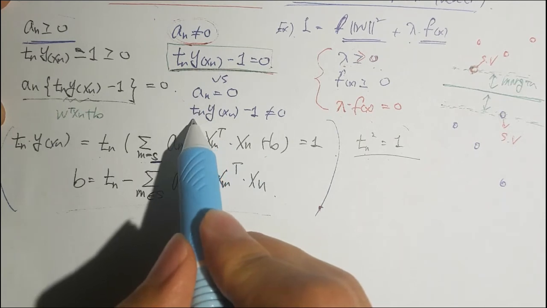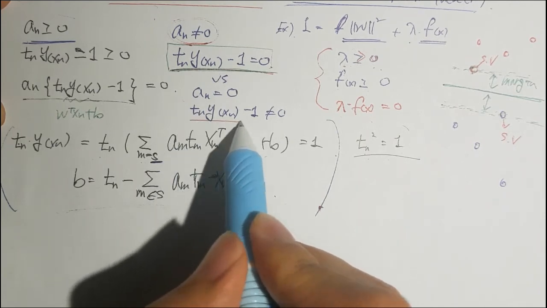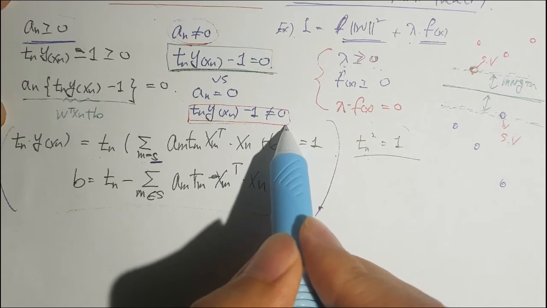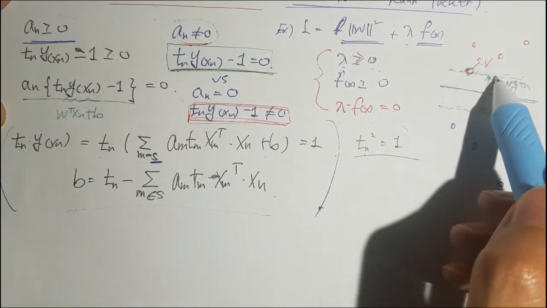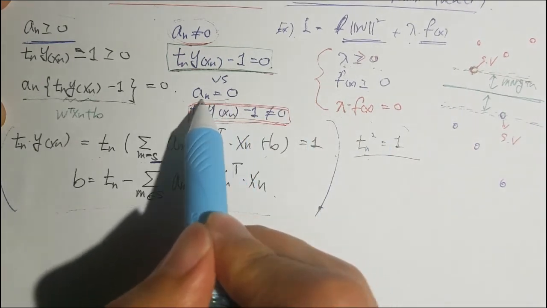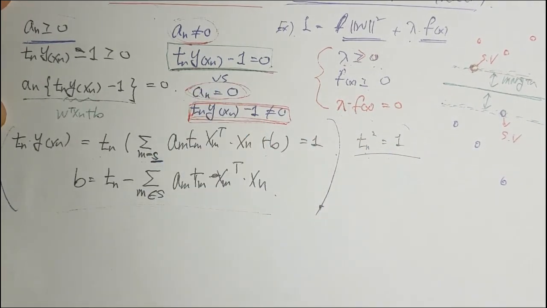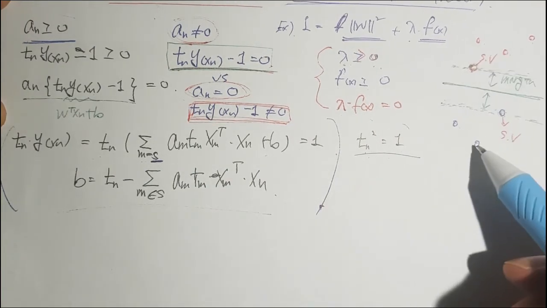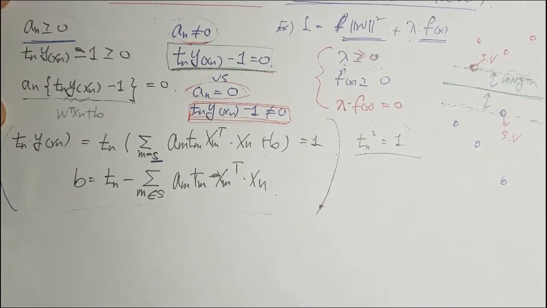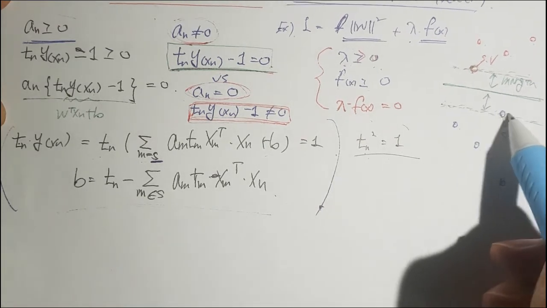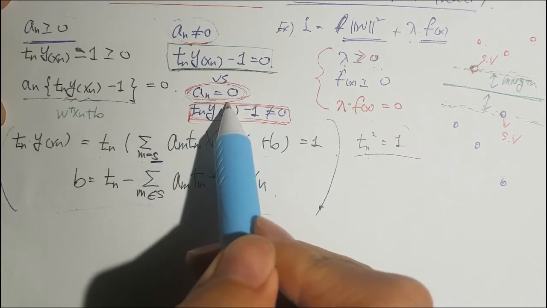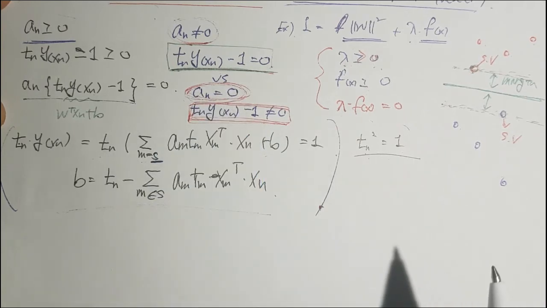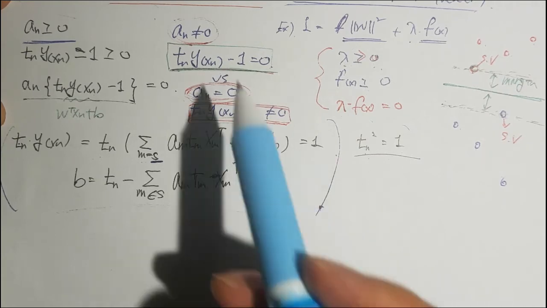On the other hand, if they do not lie on this boundary, then the Lagrange multiplier will be 0. So this kind of point which does not lie on this boundary will have a Lagrange multiplier of 0. So they are not used in the constraint term.